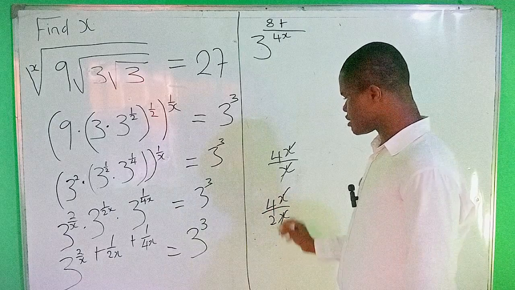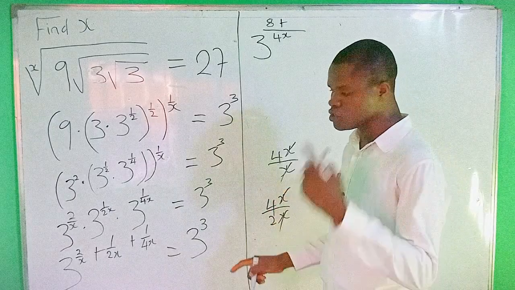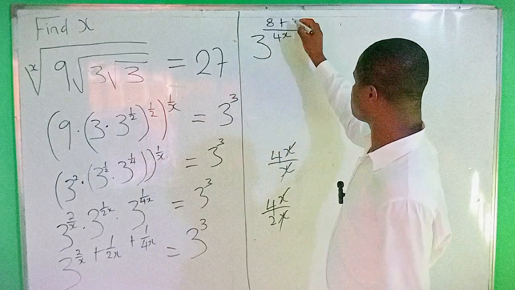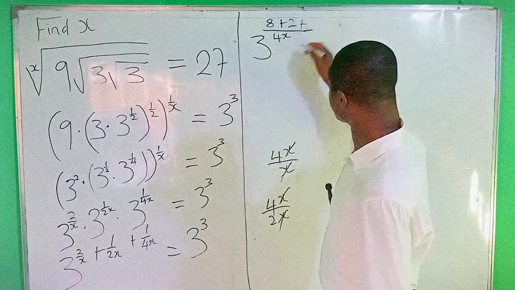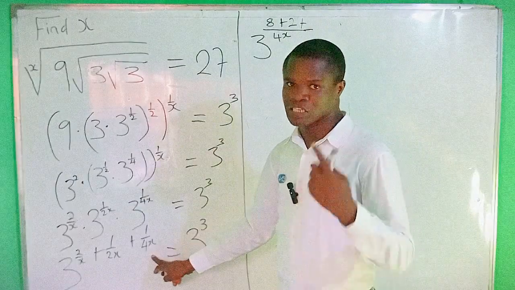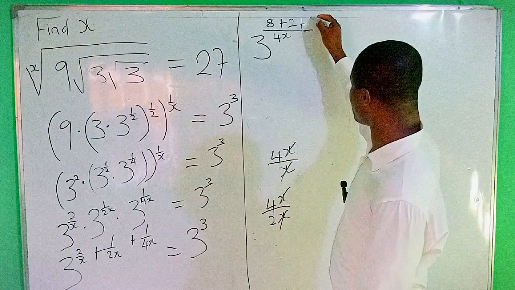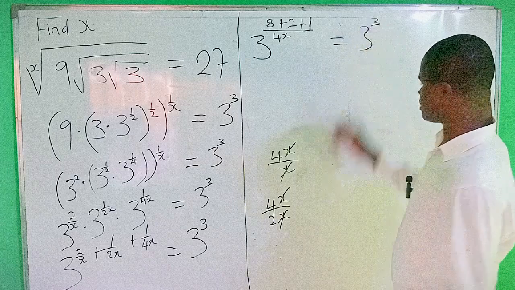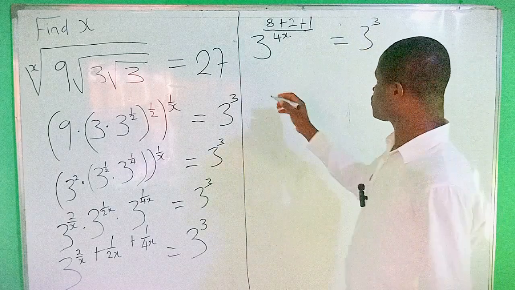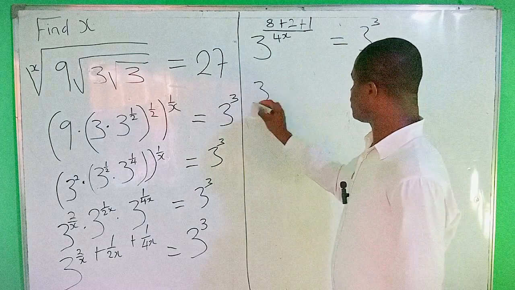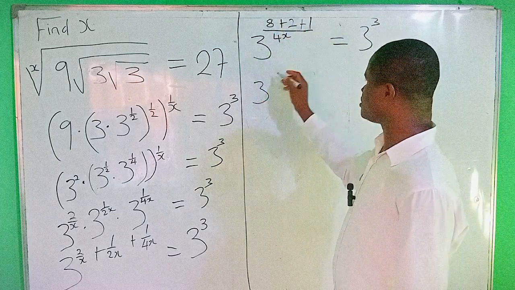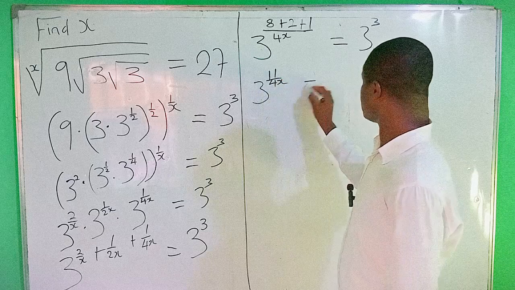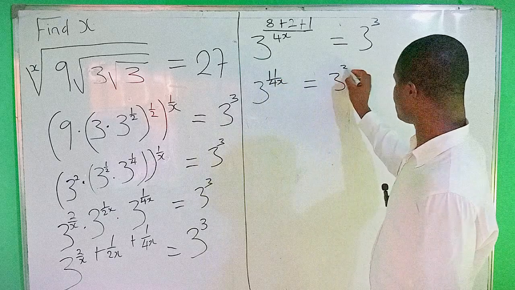So x will cancel out x. Then 4 divided by 2 is 2. So 2 times 1, this is 2. So this is then plus 4x divided by 4x is 1. So 1 times 1 is 1. This is equal to 3 raised to power 3. So this becomes 3 raised to power 8 plus 2 plus 1 is 11 over 4x. This is equal to 3 raised to power 3.